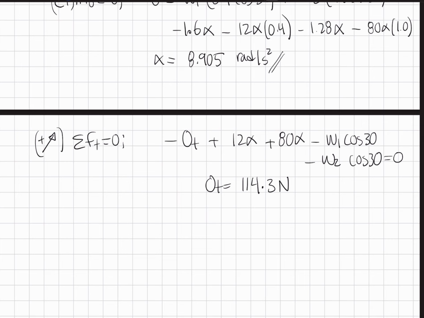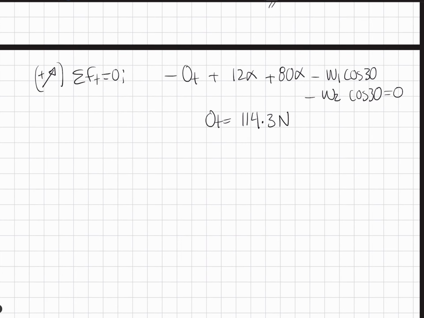We need to find out what the other component is, for which we could do this diagonal direction, positive sum of forces in the normal direction equal to 0. So that's the third and final equation of motion. Setting it up, we have the following.